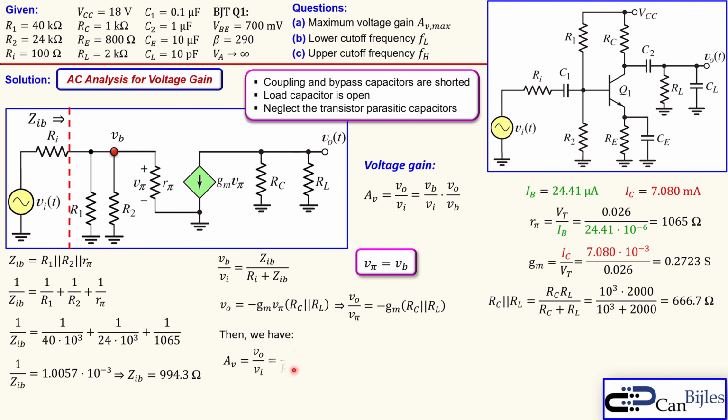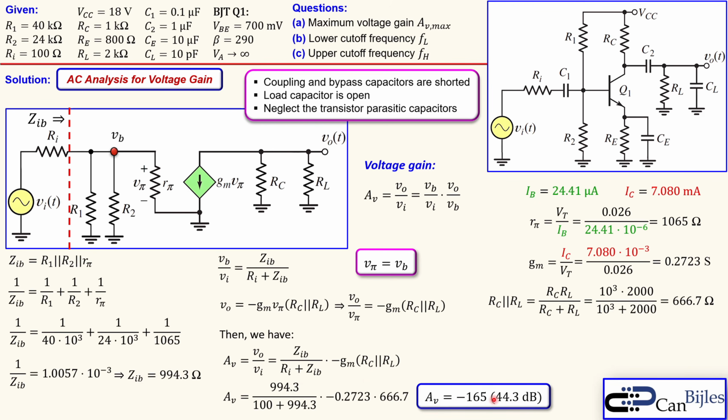Then we have ZIB over Ri plus ZIB times gm and the parallel combination of RC and RL. Let's substitute everything: the ZIB we just calculated, the gm and the other values. We get approximately minus 165, which in dB is 44.3 dB. Again, there is a minus sign, which means this is an inverting amplifier.